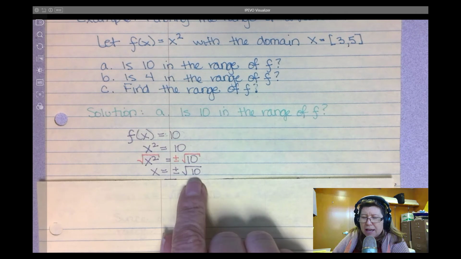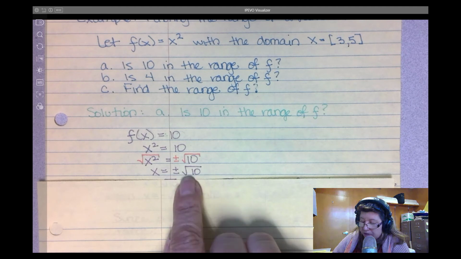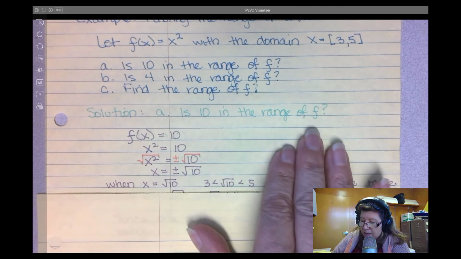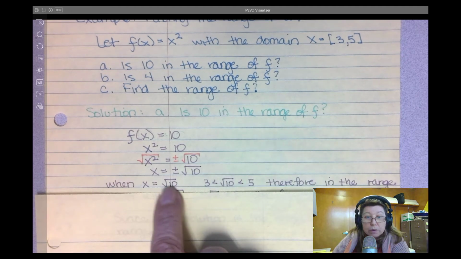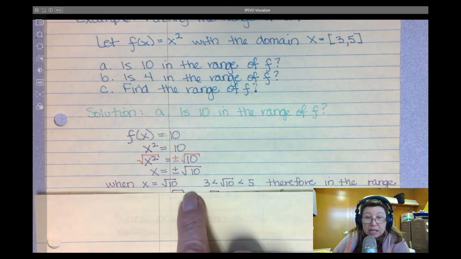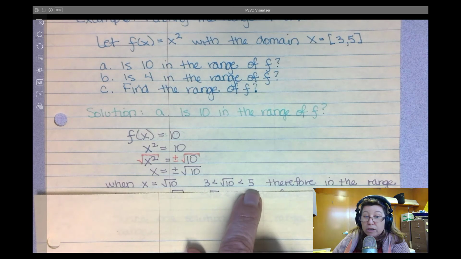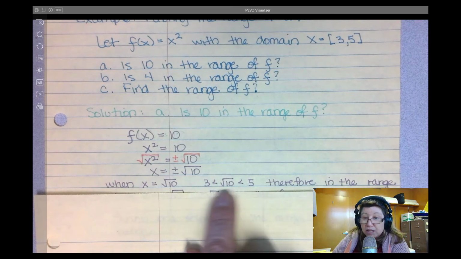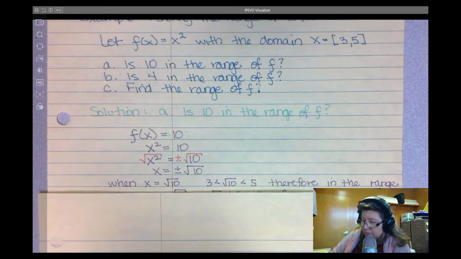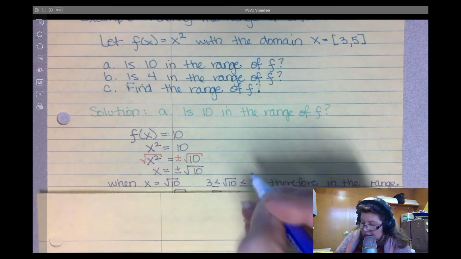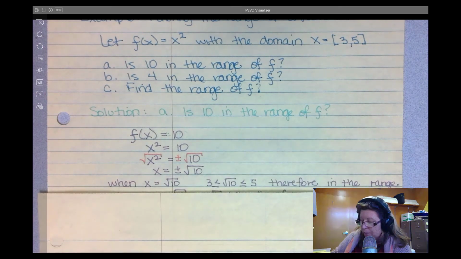Now I'm going to leave it like that, but if I was to throw that into a calculator, 10 is a little bit above 9, so this whole value is just a little bit above 3 because the square root of 9 is 3. And because when x is the positive square root of 10, it does fall within our domain, right? It goes from 3 to 5, and we're allowed any of those values within that range. I'm just going to correct it just like that because we can be 3 and 5 as well.